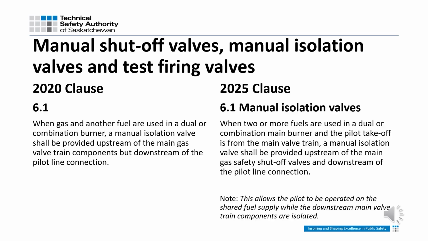The manual valves need to be upstream of the main gas safety shutoff valves and downstream of the pilot line connections. If we look at the note, it gives the rationale that the pilot can be running with the main valve train being isolated.